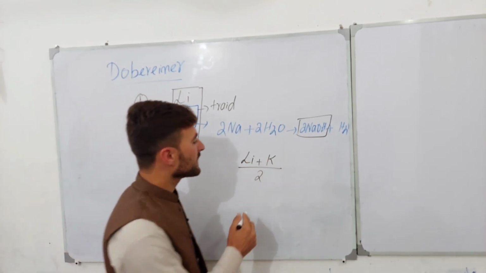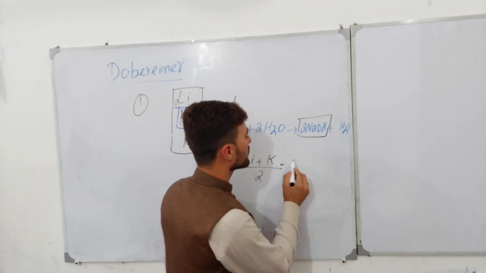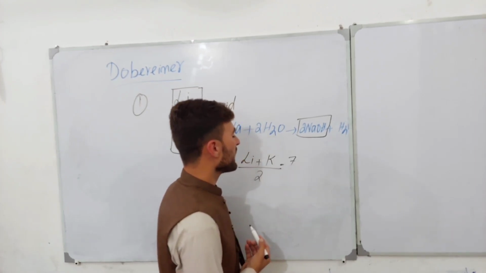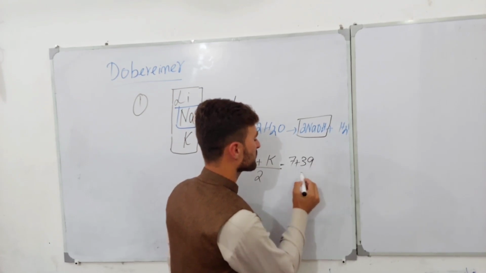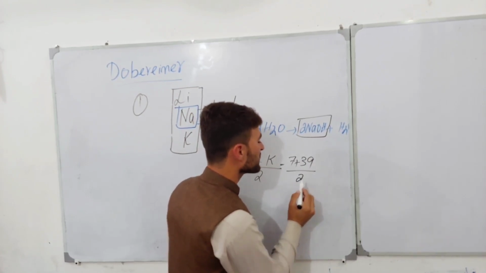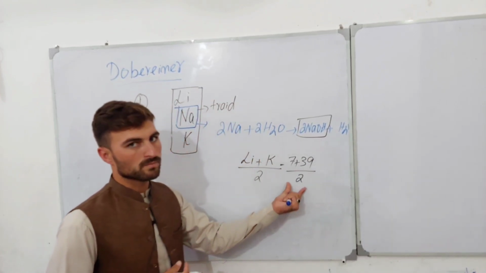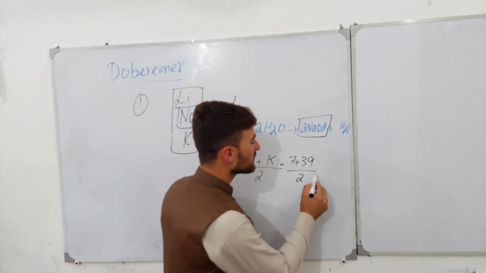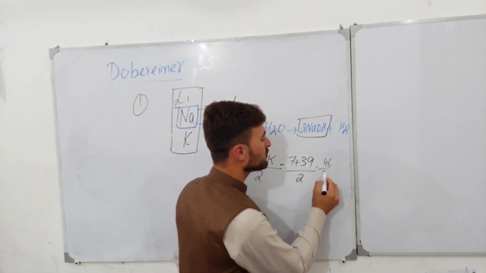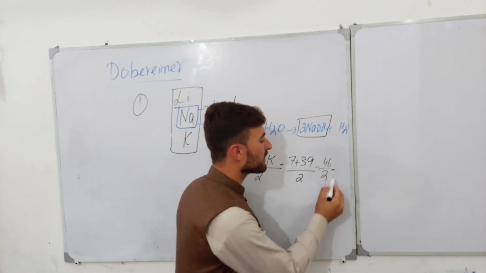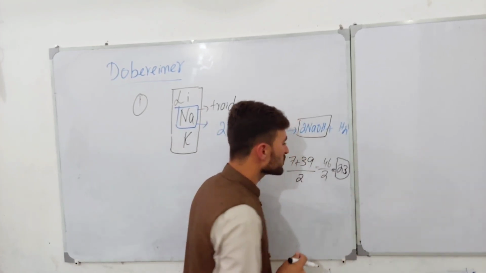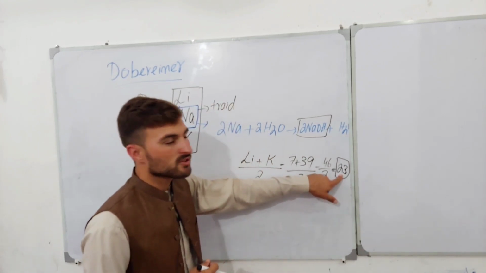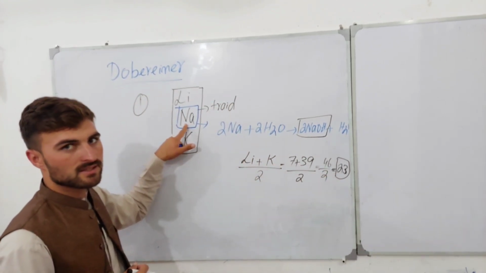So we know that the atomic mass of lithium is 7 and the atomic mass of potassium is 39, and let's divide by the number 2. So we get 46 divided by 2, and if we calculate further, it becomes 23. So this 23 is the atomic weight of the middle element.